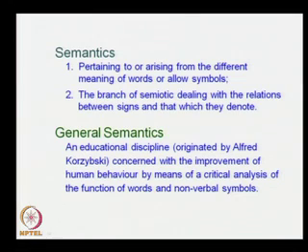General semantics: an educational discipline originated by Alfred Korzybski, concerned with the improvement of human behavior by means of a critical analysis of the function of words and nonverbal symbols. This is general semantics.